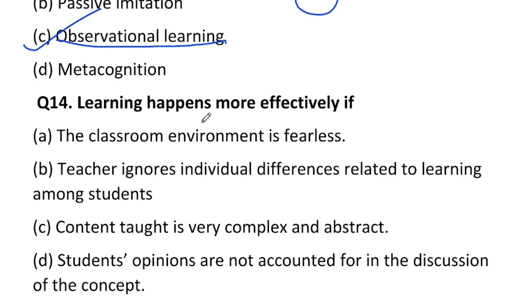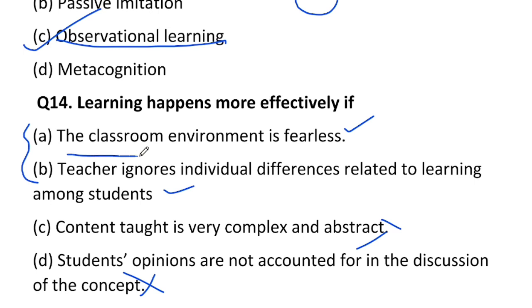Learning happens more effectively if the classroom environment is fearless, right? Teacher ignores individual differences related to learning among students, right? Content taught is very complex and abstract. No, students' opinions are not accounted for in the discussion of the concept. This is also wrong. So, maybe two of these are right, but let's see what is the more appropriate answer.